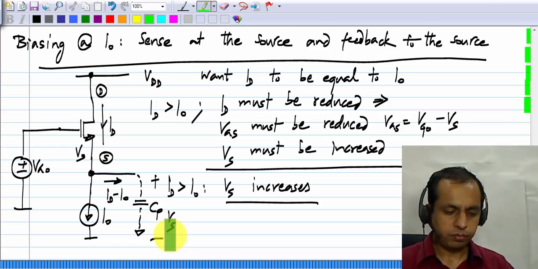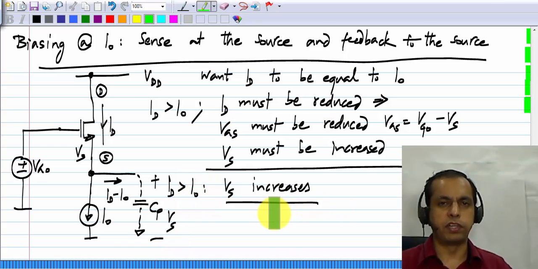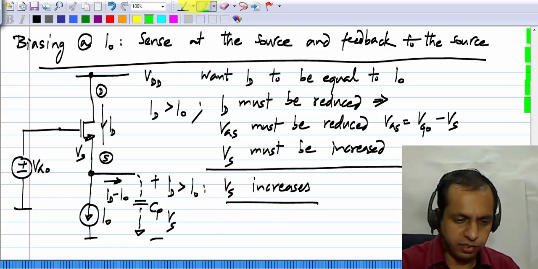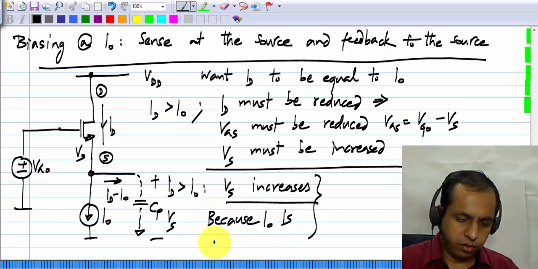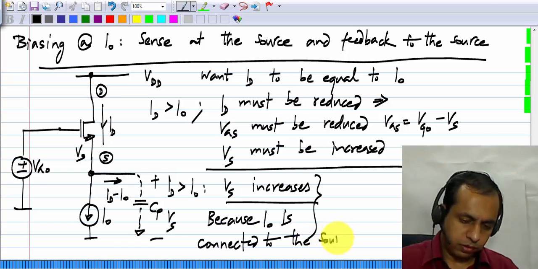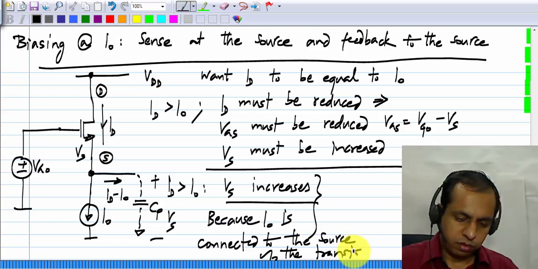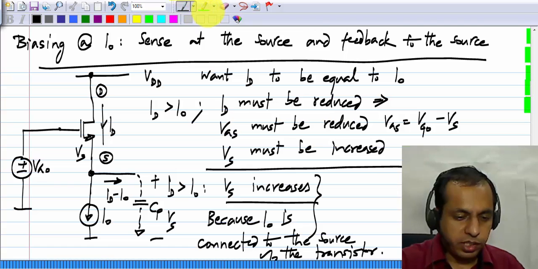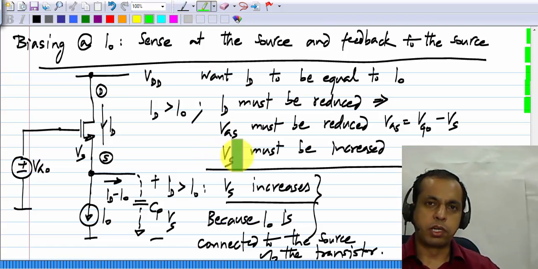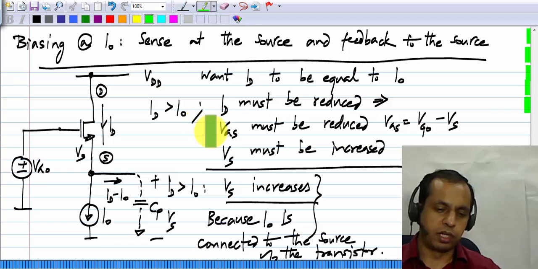Okay, so this happens just by virtue of connecting the current source to the source of the transistor.